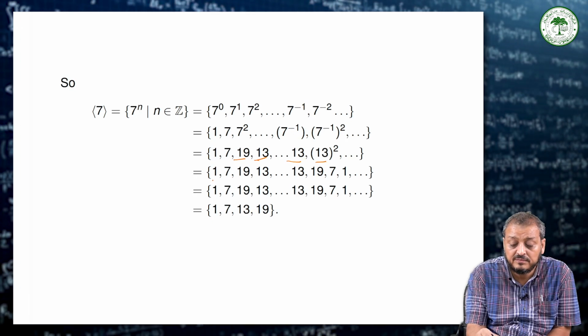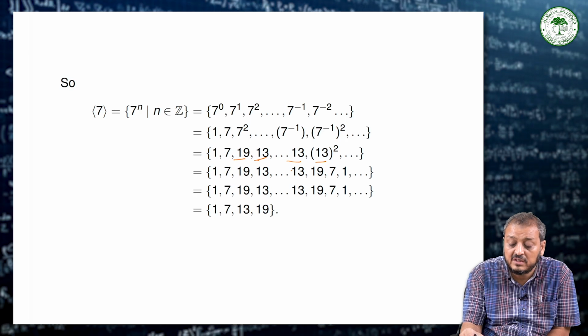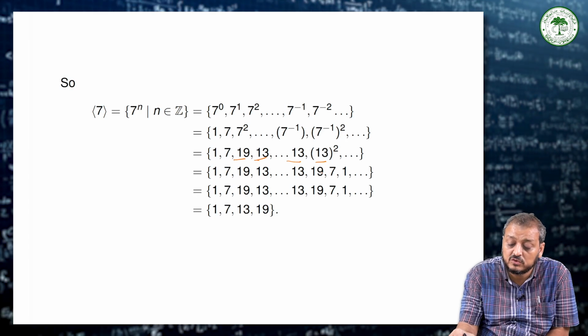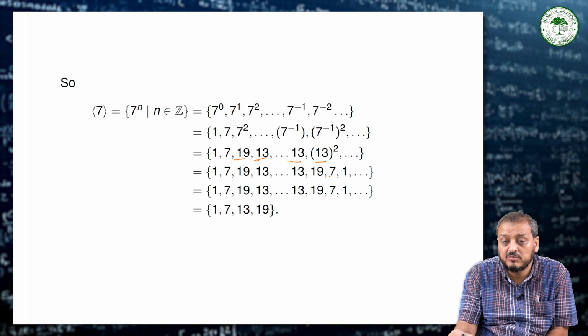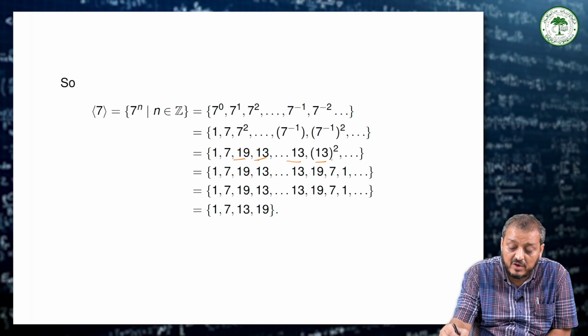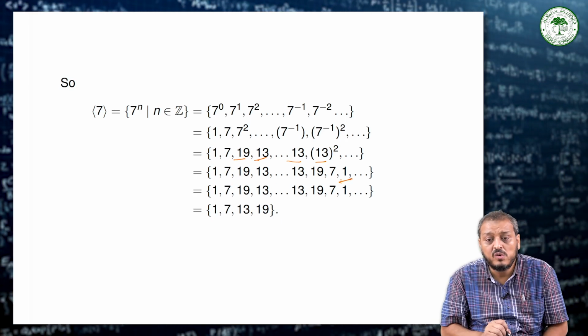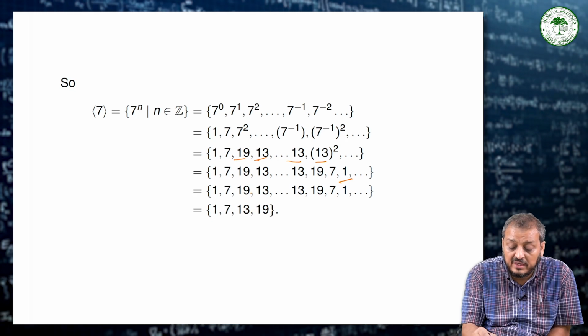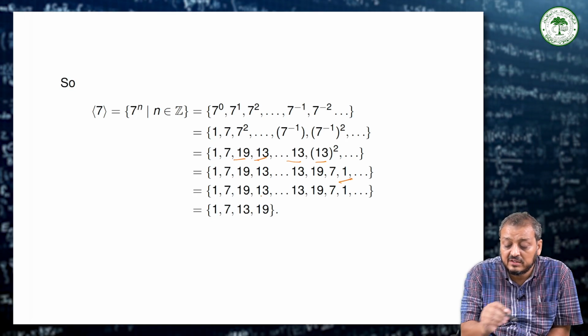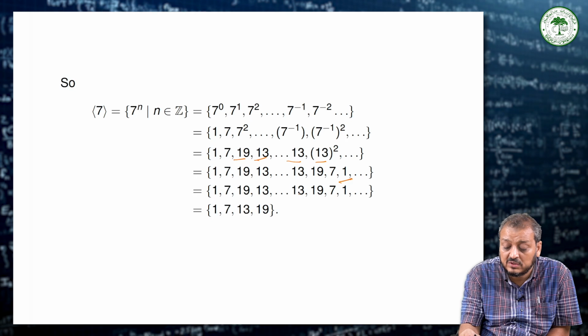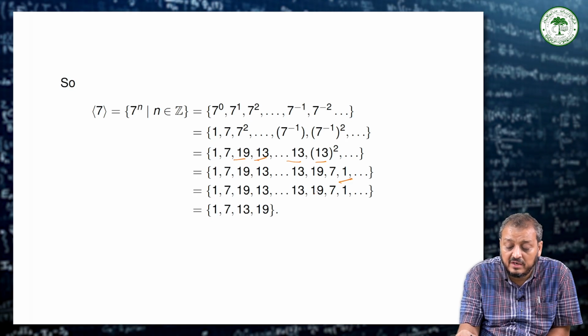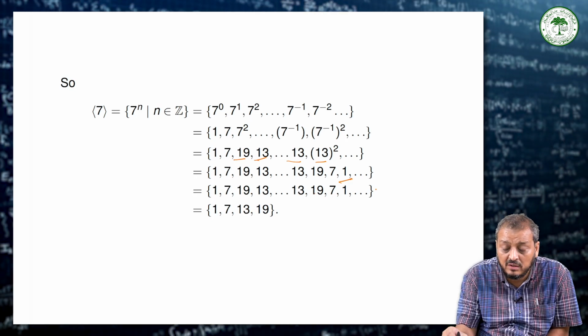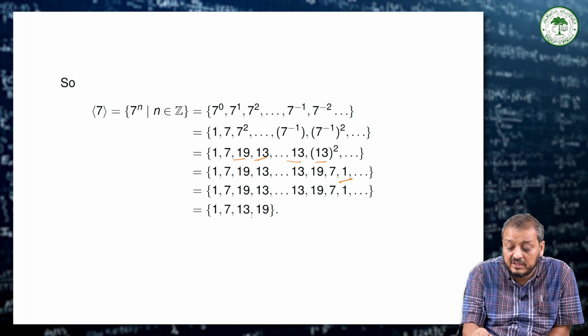So we have 1, 7, 19, 13, and then 13 squared gives 9, the next term is 7, and so on. Generally we have 1, 7, 19, 13, and then going on, 17, 19, 17, 7, 1, and finally we get all the elements.